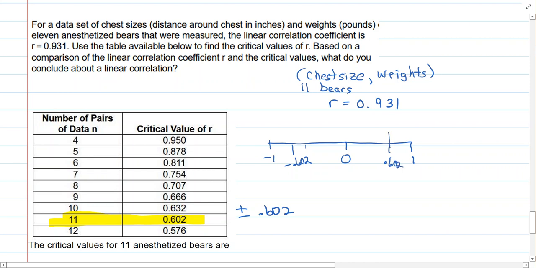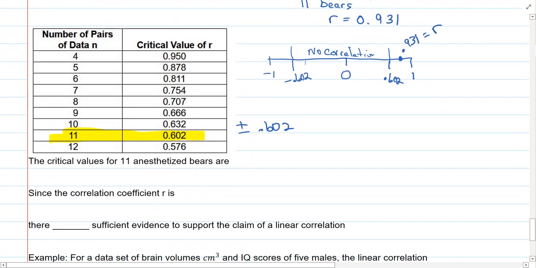All right, so this is the area of no correlation. Now, where is 931? Well, if it's close to 1, it should be right about here. Decimal 931 is R. Therefore, there is a linear correlation.